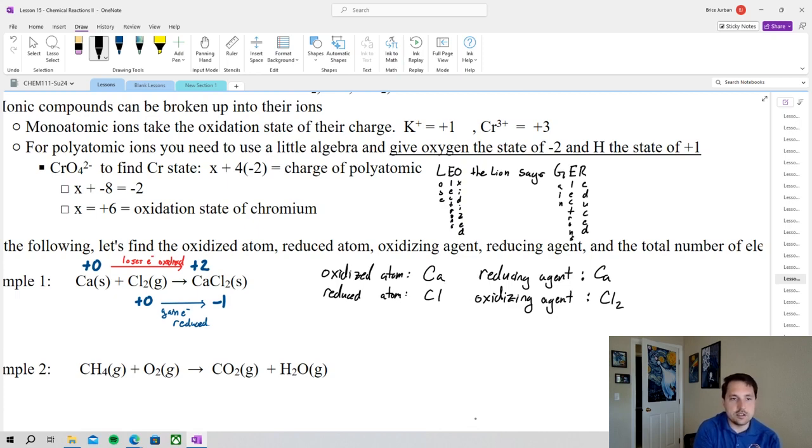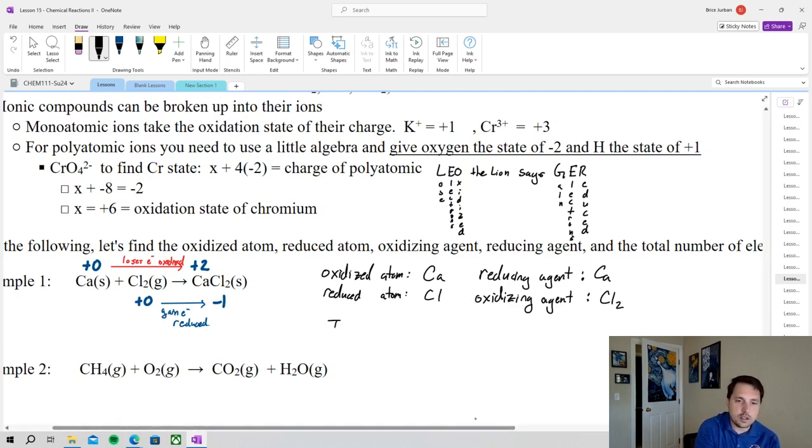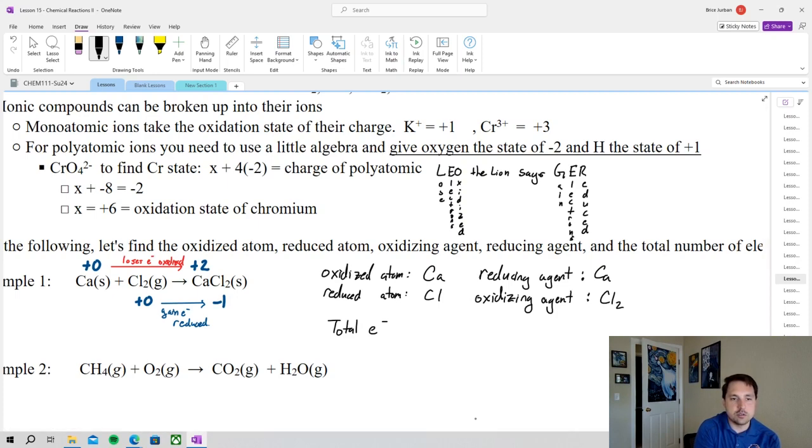The total number of electrons that are transferred here, well, we want to look at just one side here. So the half reaction is essentially calcium goes to calcium 2+. And in the process here, it loses 2 electrons. So the total electrons that are transferred is actually 2.